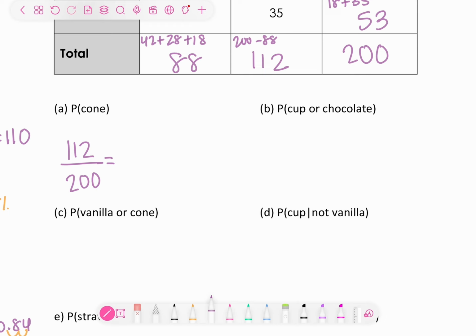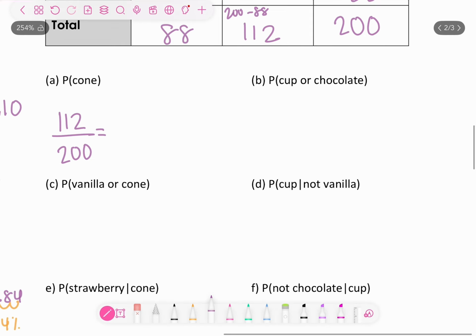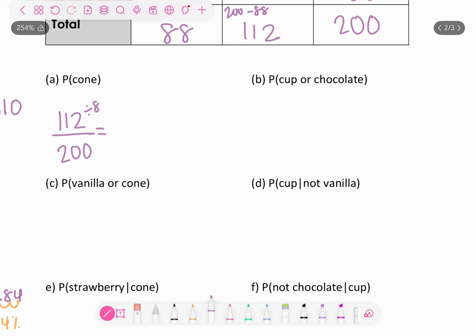It divides by 2 for sure, probably 4, maybe even 8. I'm just going to make it fast and use the alpha button in the calculator to simplify. And it looks like, yeah, it does divide by 8. If you're doing this without the calculator, you would need to take out the common factor of 8, and you end up getting 14 over 25.